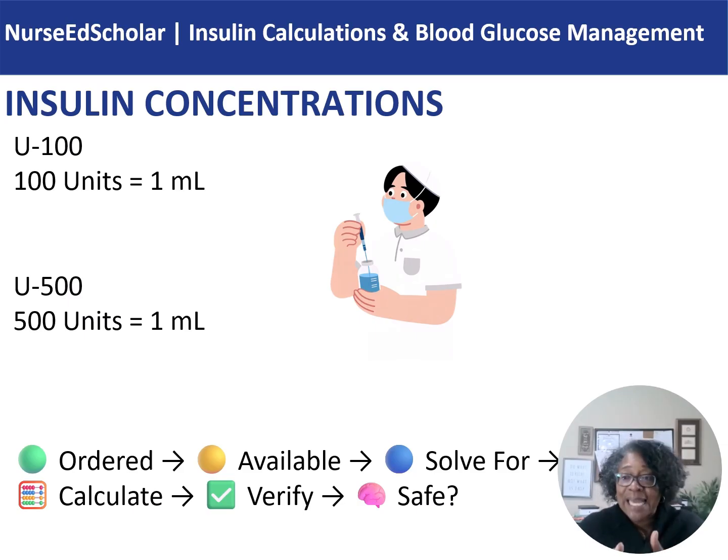Because think about it, in this case, you could mistakenly give your patient 5 times the dose of insulin. And that could really cause serious harm to your patient. That's why insulin is a high-alert medicine. And that's why when you start working, or when you're in school, you're going to notice that there are two people who verify the insulin before you give it.